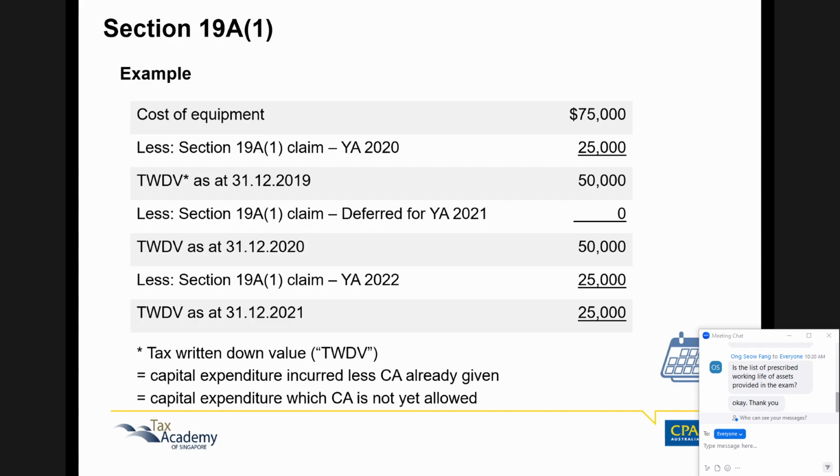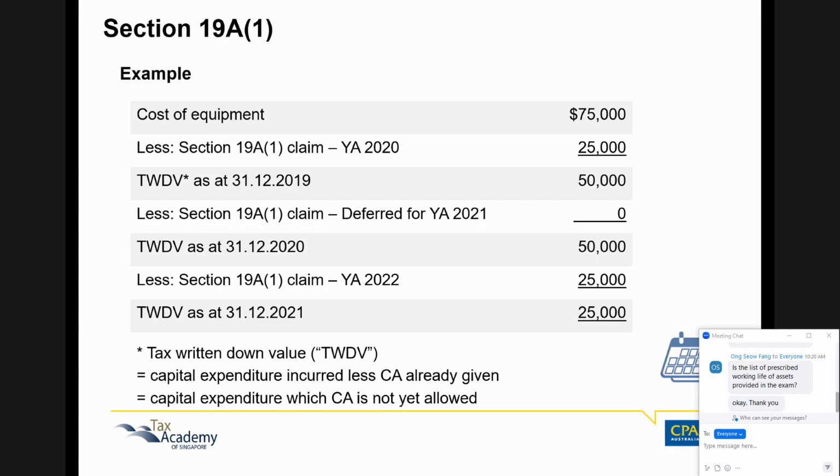Then let's say in YA 2021, I defer the claim. For these 3 years, I can choose to defer, so I don't claim any. My tax written down value as at 31st December 2020 will be 50,000 because I didn't claim any CA. Then in YA 2022, I claim. It must be 25,000 because it's always 75,000 divided by 3.